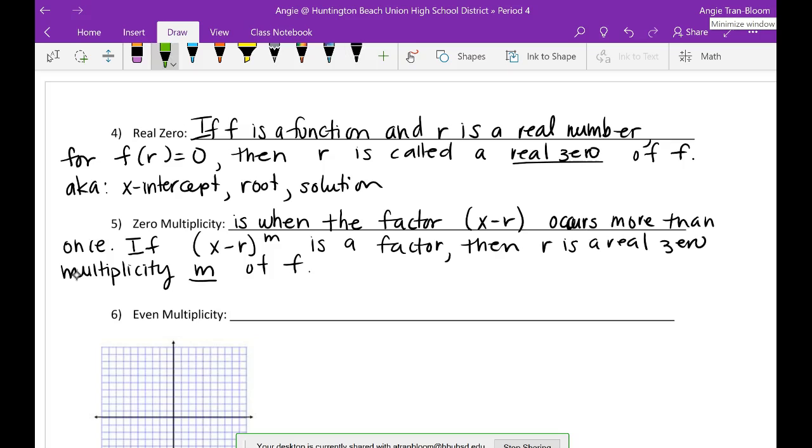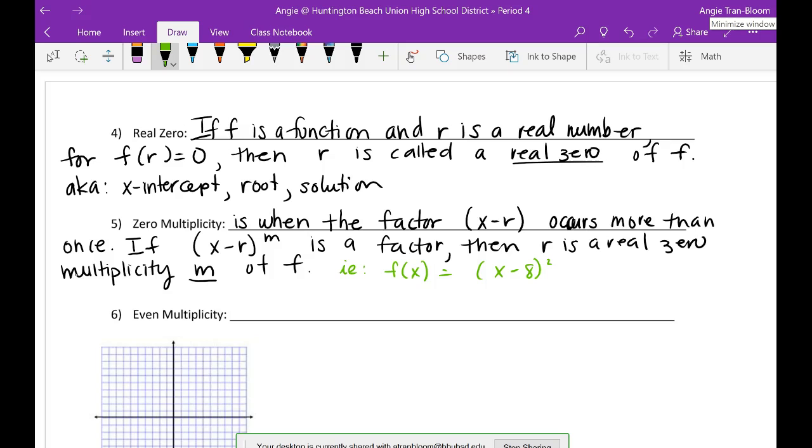And we'll do a quick example. What am I really talking about? If I give you f of x equals x minus 8 to the second power. Have we seen this before? What curve would that be? A parabola. That's right. Where's the vertex at? 8 comma 0.